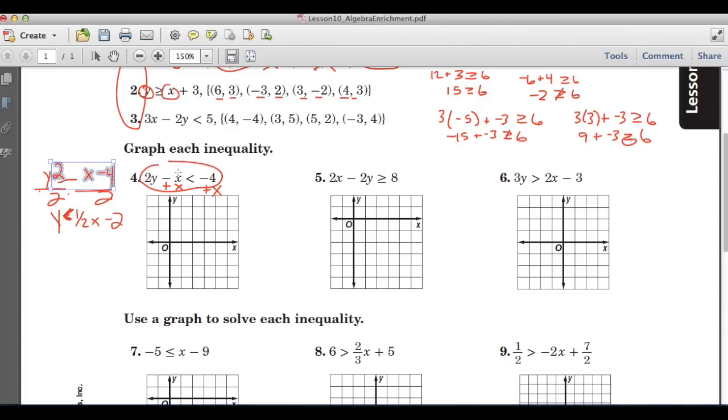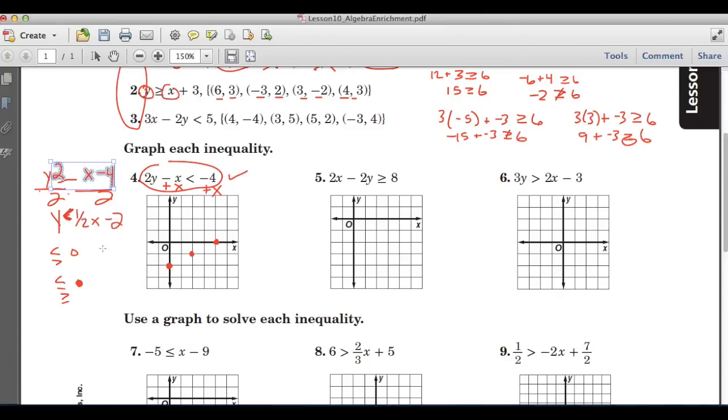But same as before, we're going to put it into a format that we want to work with. Okay, so I'm going to go down 2 and put a dot, and then 1/2 is our slope, so up 1 over 2, up 1 over 2. Now, remember how less than and greater than were an open circle, and less than or equal to and greater than or equal to were a closed circle?